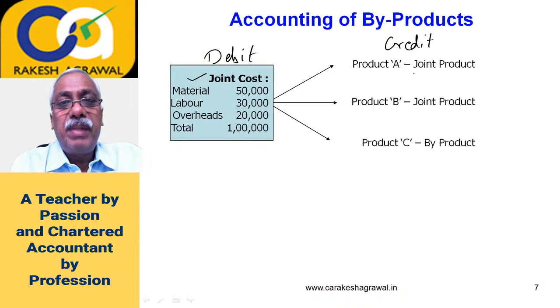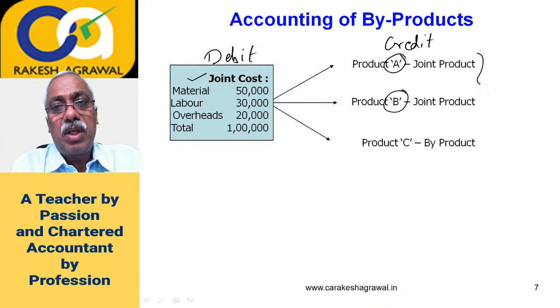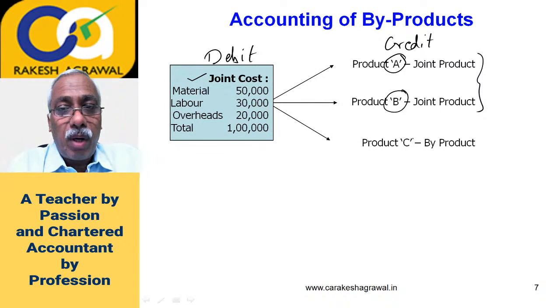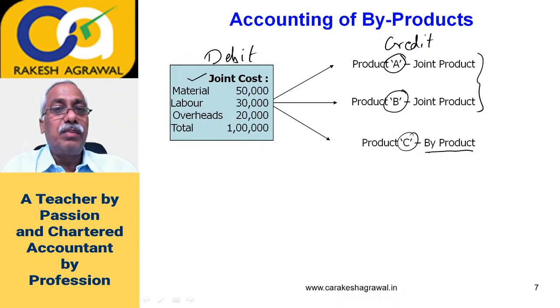Management would like to treat product A and product B as joint products, because they may realize higher economic value. And management wants to treat product C as a byproduct because it may not fetch great value.